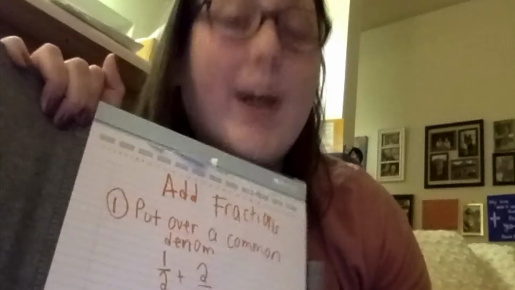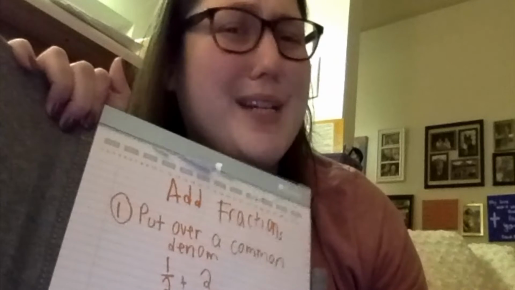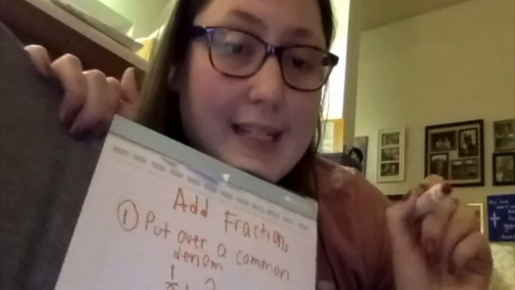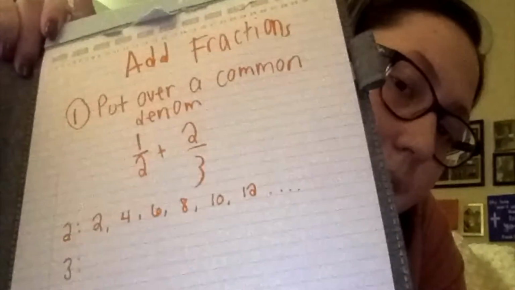How do we do that? Well, last 2 weeks, sometime, we learned that we have to find the least common multiple of the two. So, I'm going to list my multiples of 2 and my multiples of 3. If you count by 2s, you have 2, 4, 6, 8, 10, 12, and so on and so forth. There's my list of 2s.